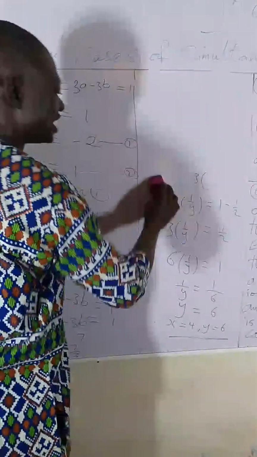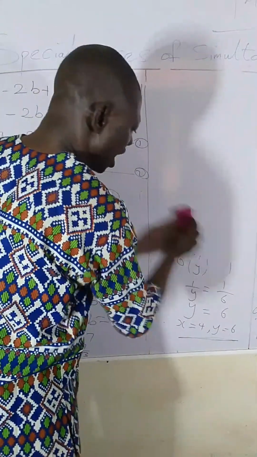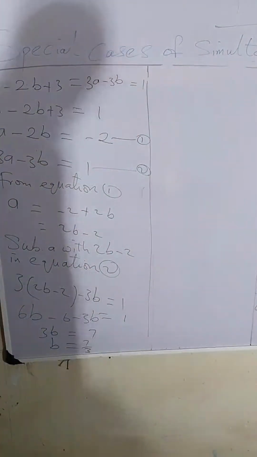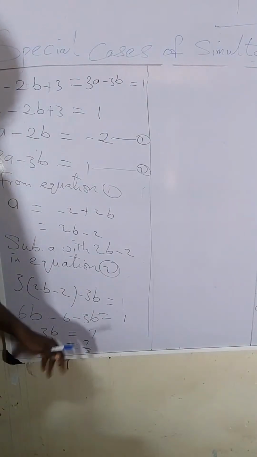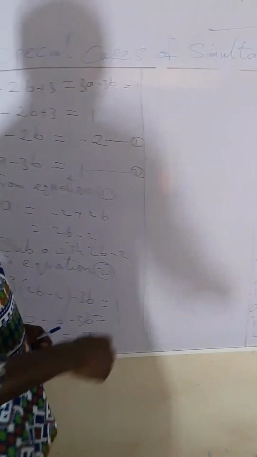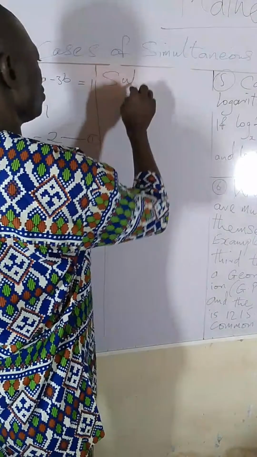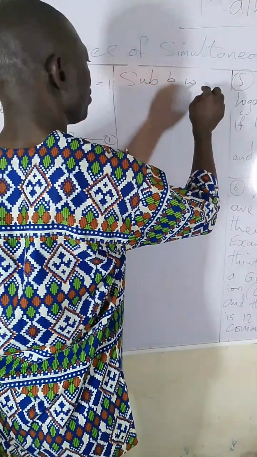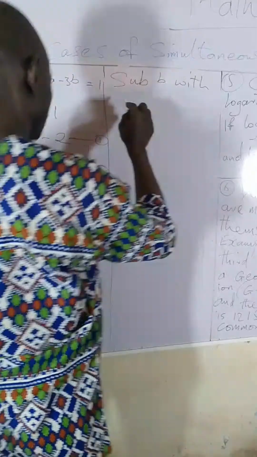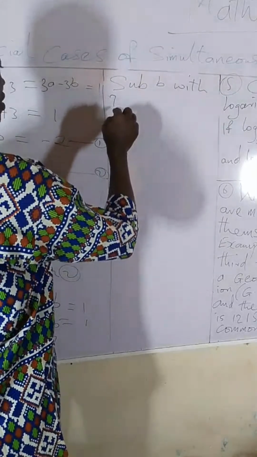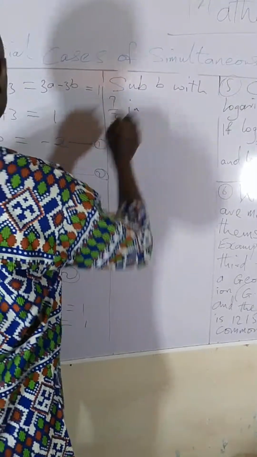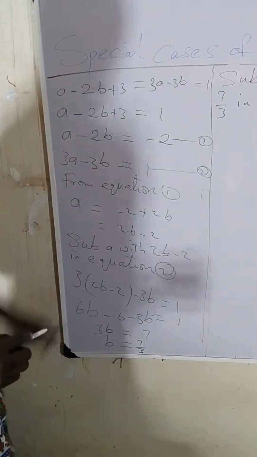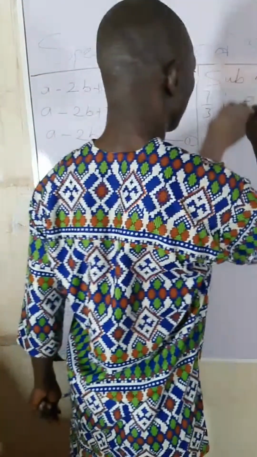When we have this as our work, then the thing we are going to do again will be to substitute. Anywhere we see b, we put 7 over 3. So let us substitute b with 7 over 3 in any equation we pick, either equation 1 or equation 2. Let us say in equation 1.